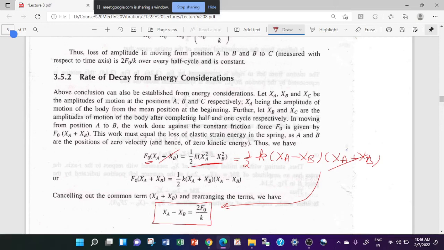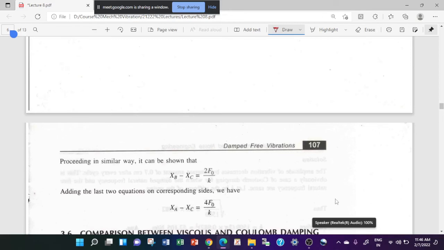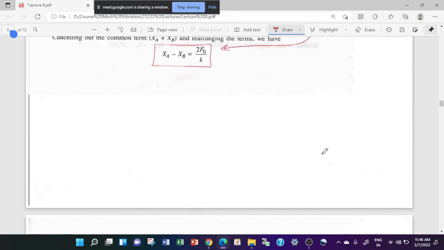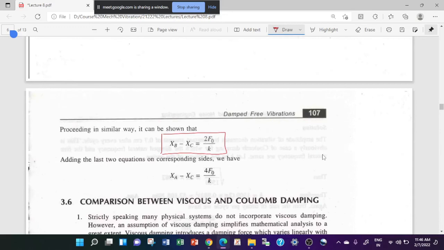You can also say the same thing for B to C. Again, for the B to C half cycle, you can say this is the decay in the amplitude. Apply the same energy concept here, and you will find this value. Now when I target the decay in amplitude from A to C, you need to add these two equations and it becomes xa minus xc equal to 4 F naught upon k.